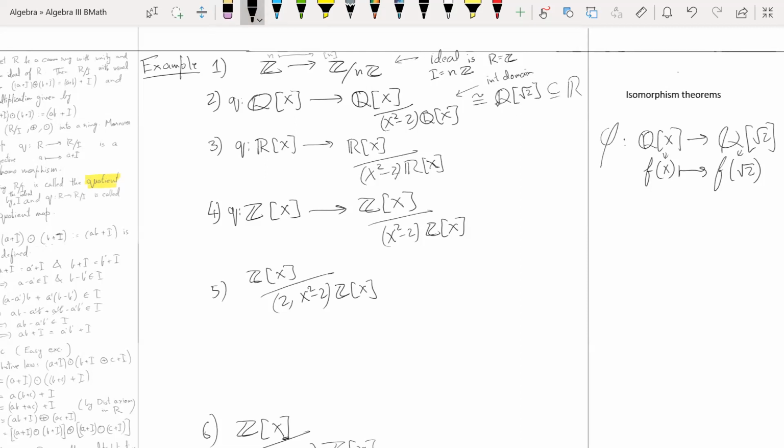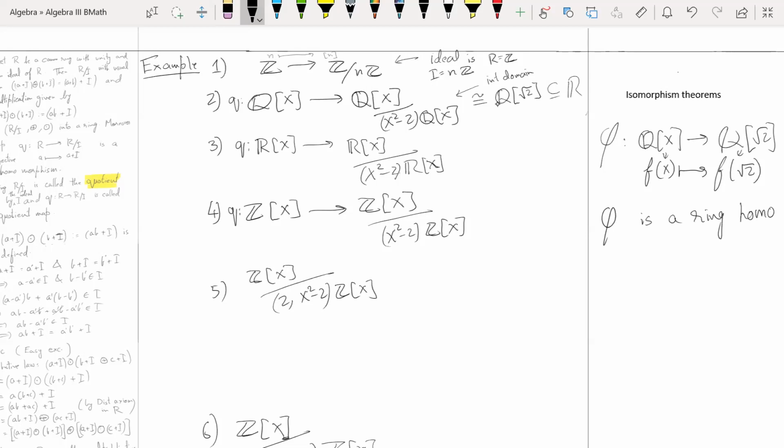So we have this thing and this ring, and one checks that phi is a ring homomorphism. Why is that?